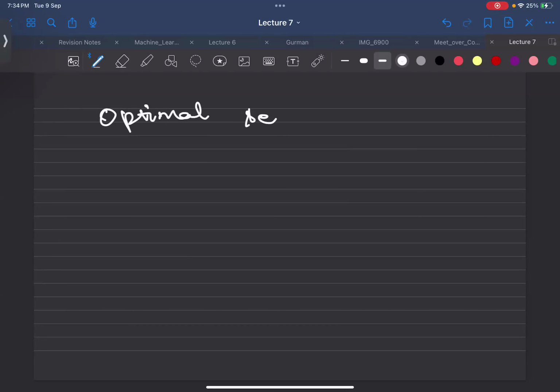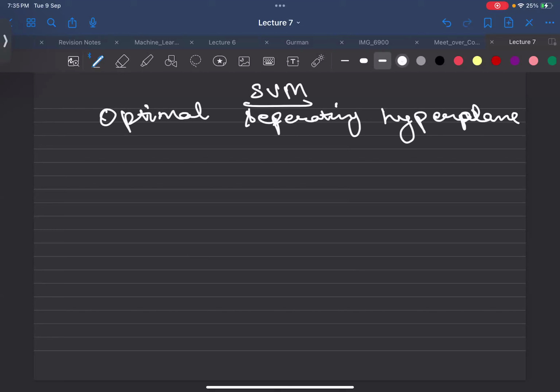Here I want an optimal separating hyperplane. In SVMs, I should first tell you about support vector machine. Here what we want is an optimal separating hyperplane. Now what is the difference between SVM and perceptron? Can someone tell me in one statement only? Can someone try? There's thickness to SVM, but perceptron is just one line.